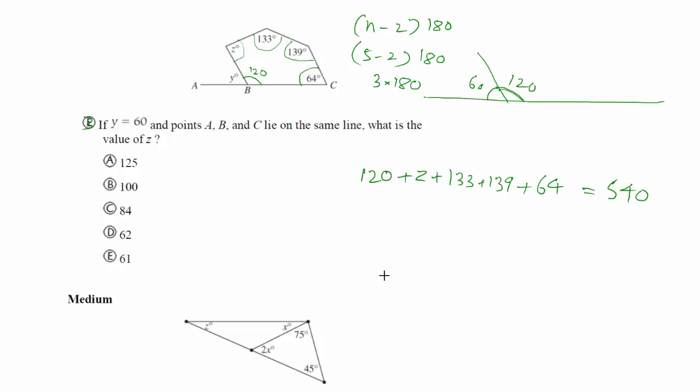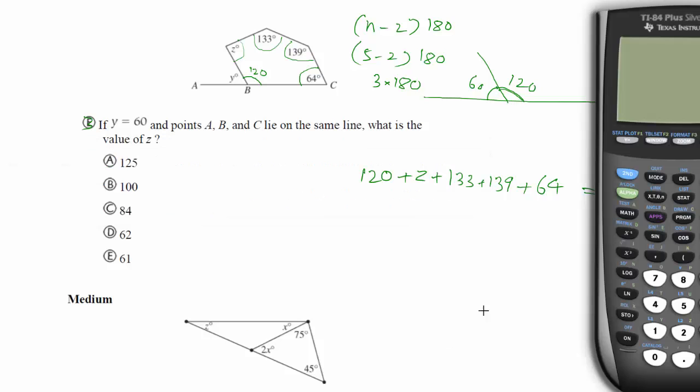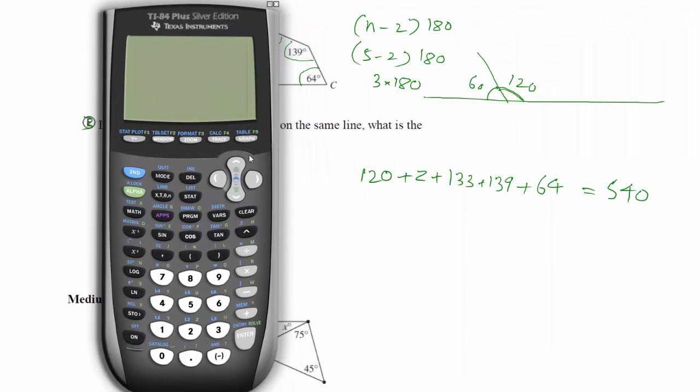So we can calculate the value of z by taking the calculator. All these need to be added and then subtracted from 540.